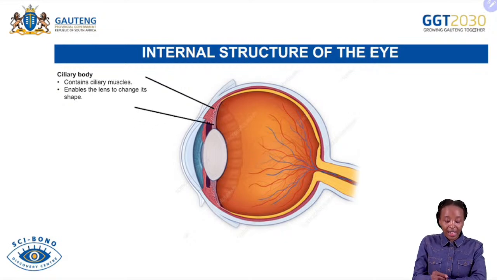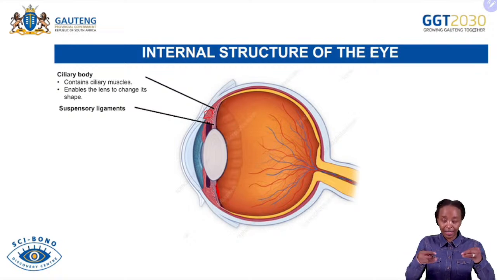Then attached to the ciliary body is this bigger part here. Then attached there, you can see this lighter pink. You can see it at the top, and at the bottom over here, this lighter pink part. This is what we call the suspensory ligaments. So the suspensory ligaments, together with the ciliary body, play a role in altering the shape of the lens. They either slack or they become very taut.